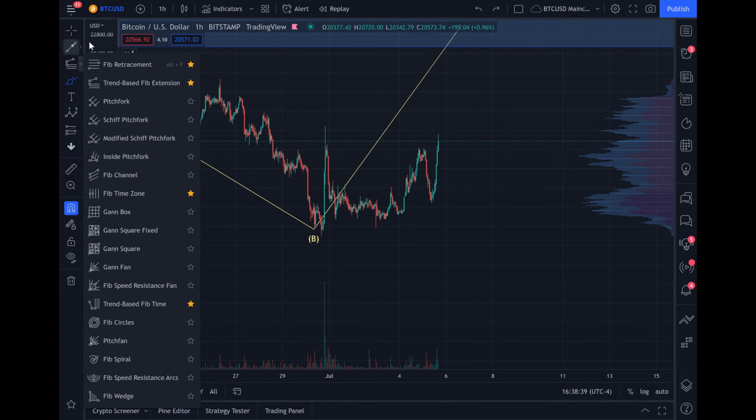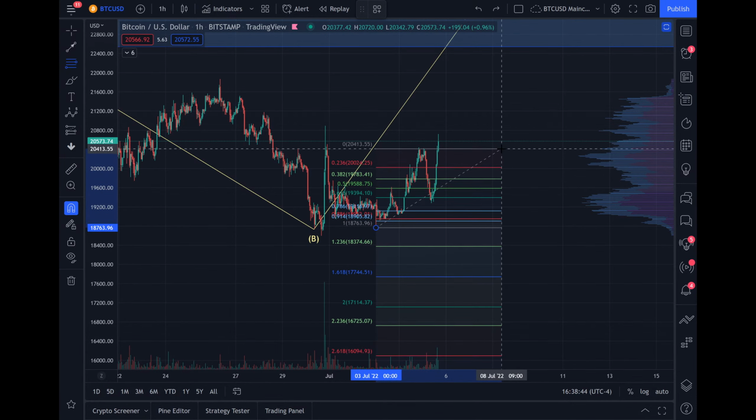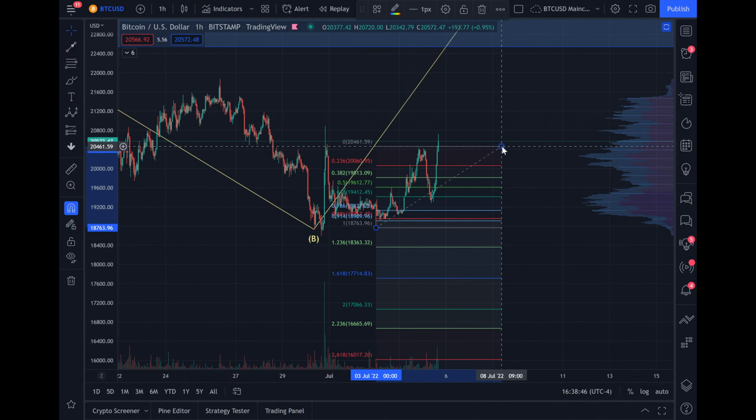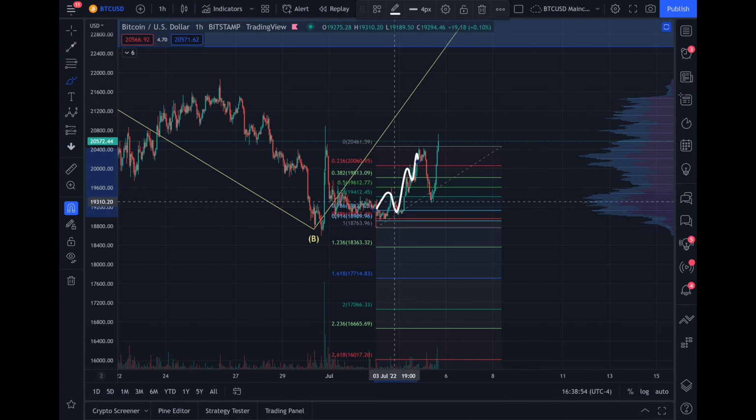And if you take your Fibonacci retracement tool from the bottom of this structure to the top, you see there's a 0.618 retracement right here, okay? So that, to me, says that this is likely impulsive.